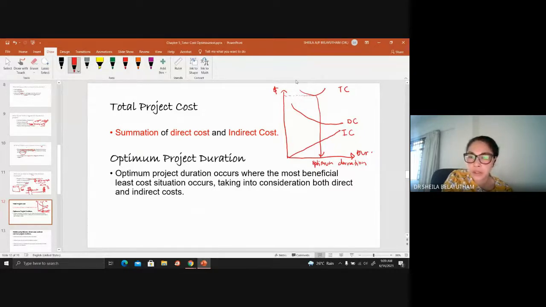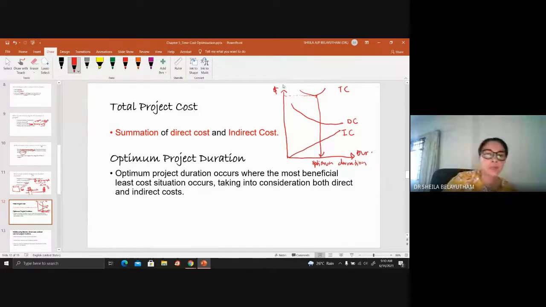Okay, so when you accelerate, you would need to increase the direct cost, and when you lengthen, you do not need to increase the direct cost because you do not need that much of workers and materials on site, and the summation of both you will have as such. Okay, you will have one point where your duration will be optimal, which reflects the lowest cost. Okay, so lowest total cost that reflects the optimum duration.